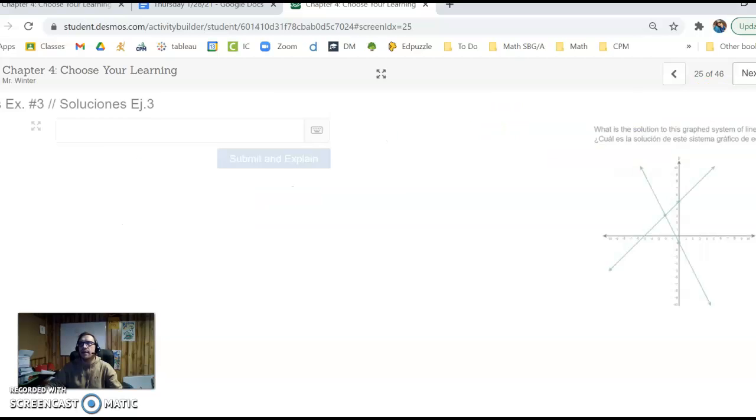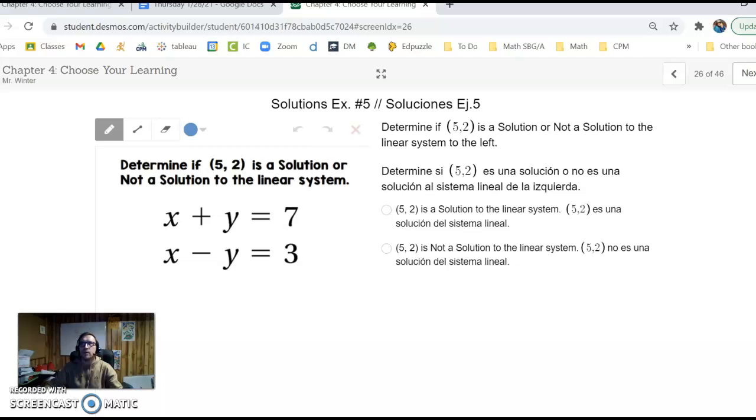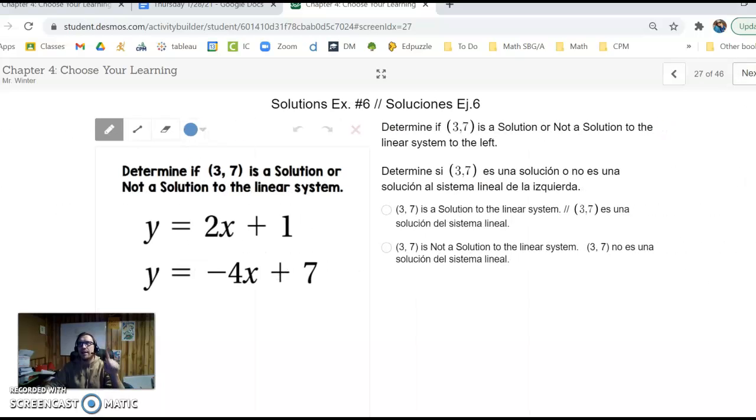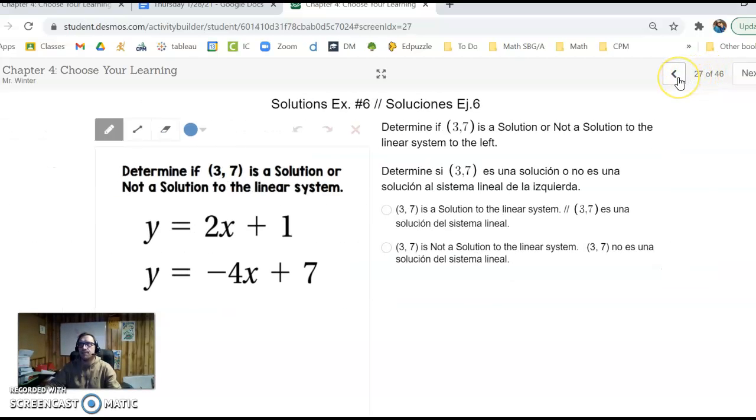All right? And then one more time, you can try these out on your own. And then go ahead and check your answers right here on slide 28. So if you're trying to determine if this is the solution, you take 3, plug it in for x, take 7, plug it in for y. Does 7 equal 6 plus 1? Yes, that works.